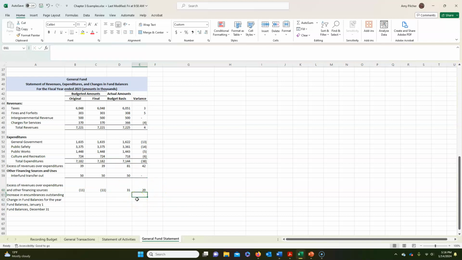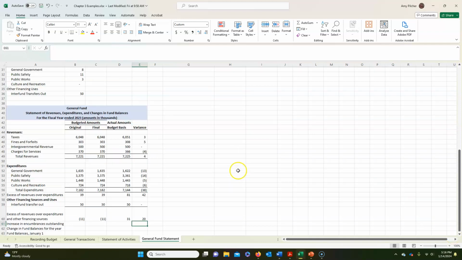Okay, so then any changes, the next thing that we have is increases. If we're looking at what is the difference in any encumbrances, any changes to the fund.